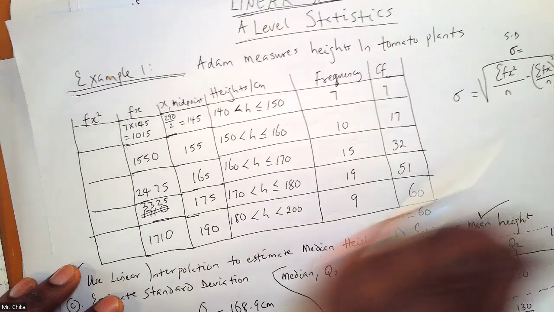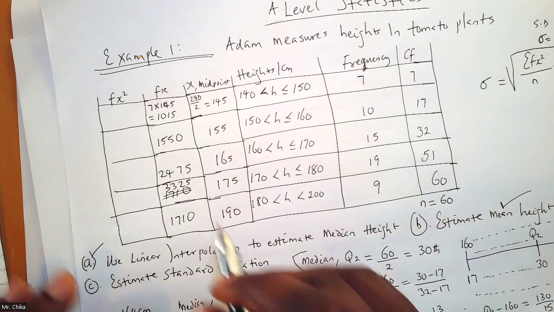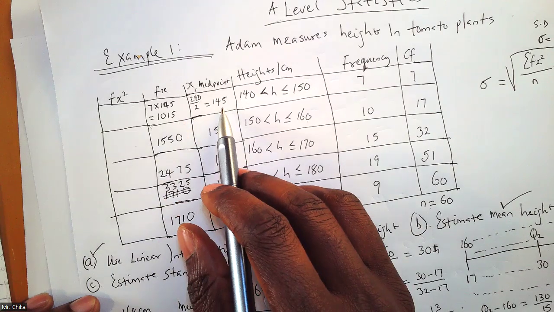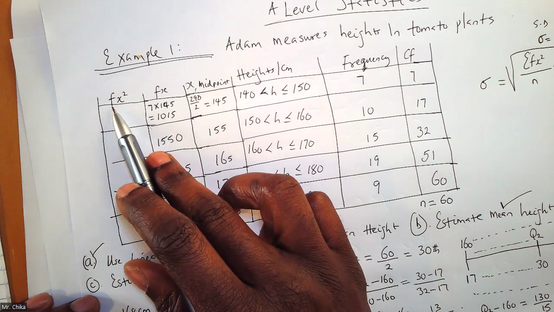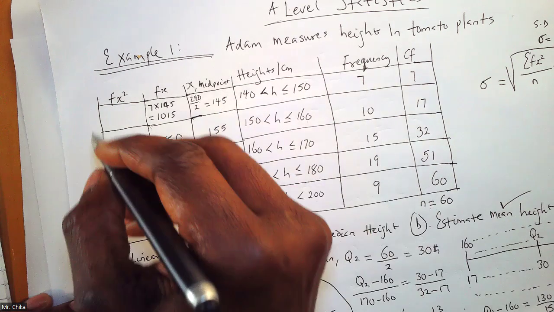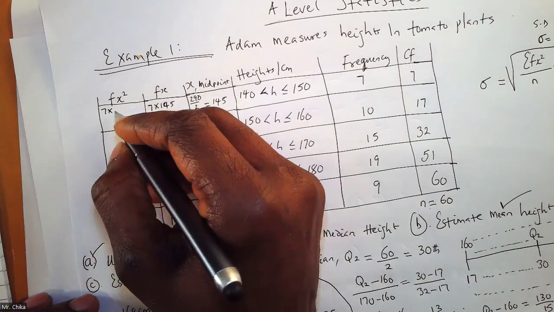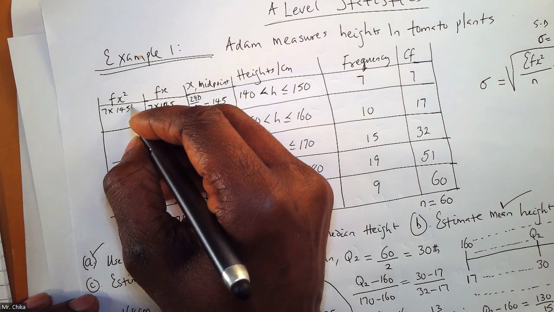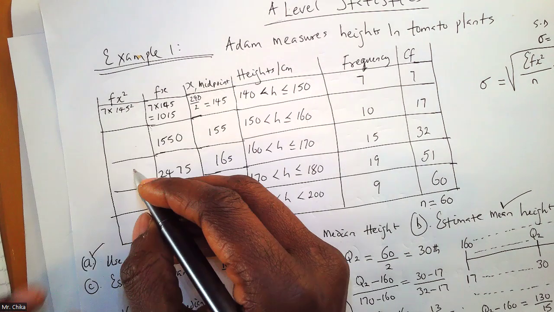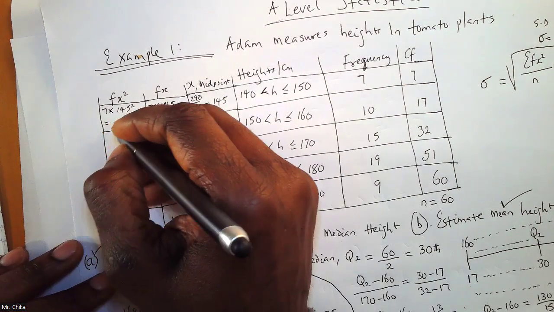We have x there, so we square it and we times it with the frequency. For the first part, there will be 7 times 145 squared.